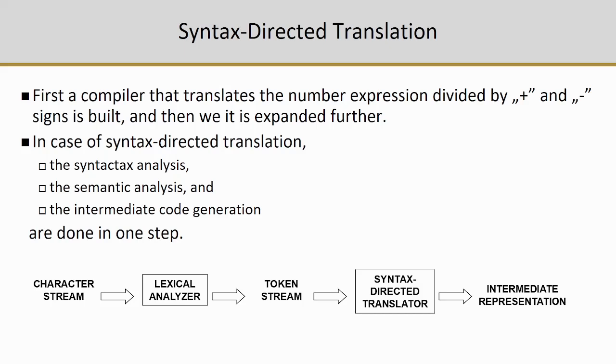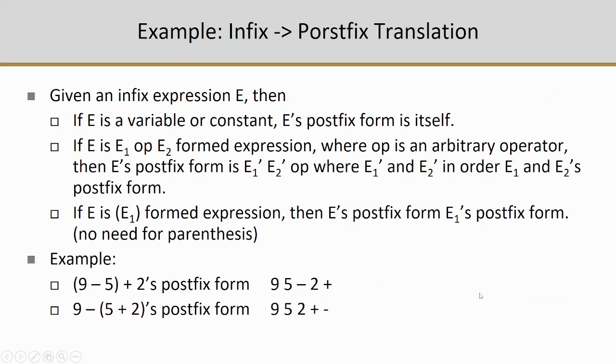So we are going to set up a code which can perform each of these three steps of the compiler. After having a set of tokens, we are going to produce the intermediate code immediately.